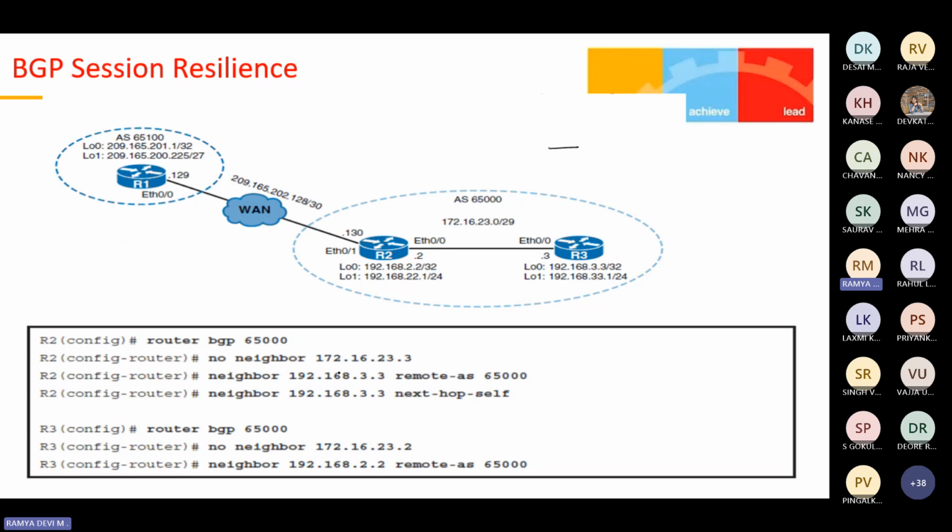This is an example where we have two autonomous systems. One is AS 65100, in which we have one router, R1. R1 is connected to R2 in autonomous system 65000.